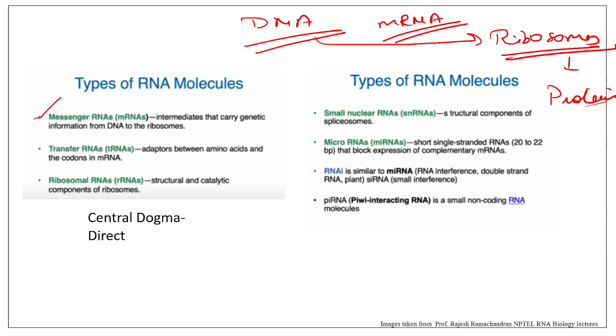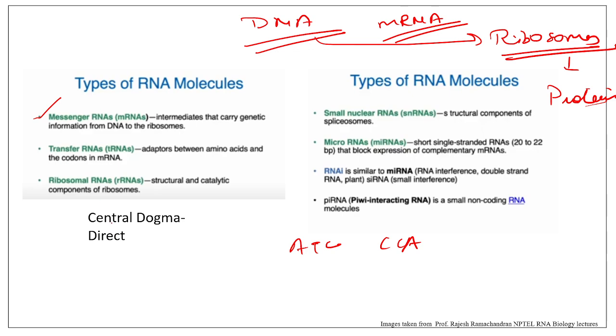This codon sequence has to be read by the ribosomes. Suppose there is ATG, ATC, CCA or whatever is there, this sequence has to be taken up by the ribosome. This taking of the sequence to the ribosome, or transferring the information to the ribosome, is done by transfer RNA. So this is your tRNA.